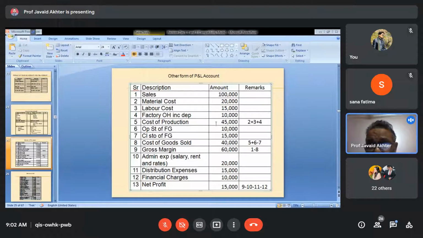If you add 2 plus 3 and 4, this is known as cost of production. To this, you add opening stock of finished goods and subtract closing stock of finished goods. So 5 plus 6 minus 7 gives you cost of goods sold. If you take the difference between 1 and 8, it is known as gross margin or gross profit margin. When you subtract other expenses, then you get net profit.